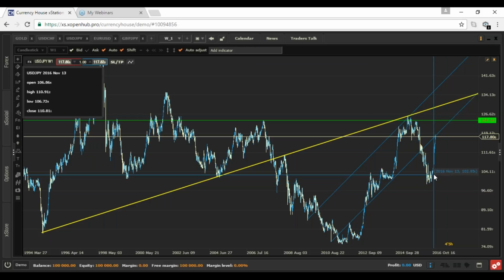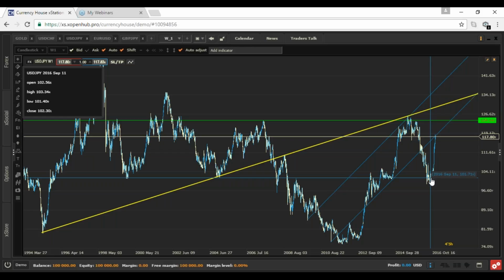Here is September 2016. The price was just a bit above 100 yen per US dollar, and now what we see is almost 700 pips above in just a few months.